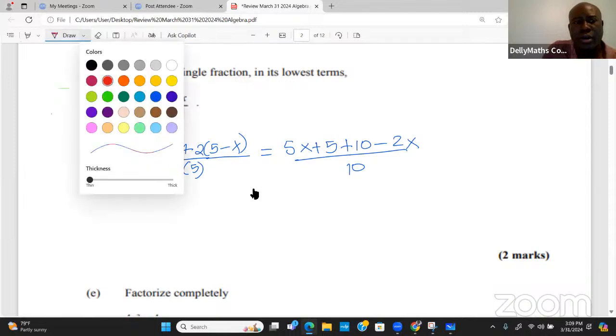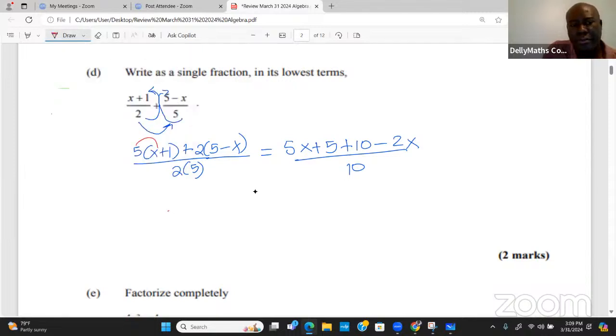So just in case you're wondering, we distribute 5 with the x, 5 with the 1, then 2 with the 5, and then 2 with the minus x. So now you want to simplify this because there are some terms that are alike. For example, there is a 5x and a minus 2x. That becomes positive 3x.